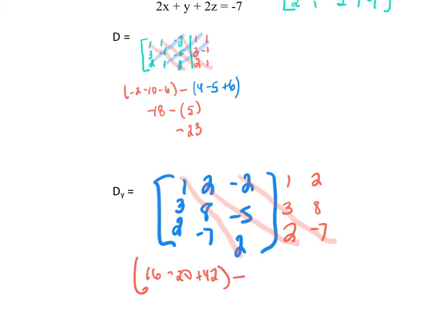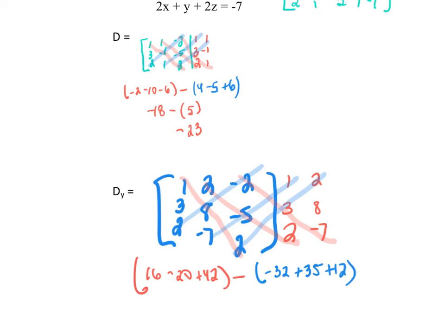And then you find your minors. Minor, minor, minor. 2 times 8, excuse me, times negative 2 is negative 32. Negative 7 times negative 5 is 35, times 1. And then 2 times 3 is 6, times 2 is 12.